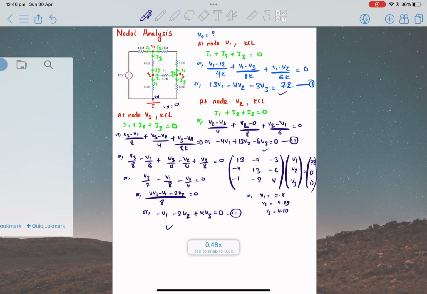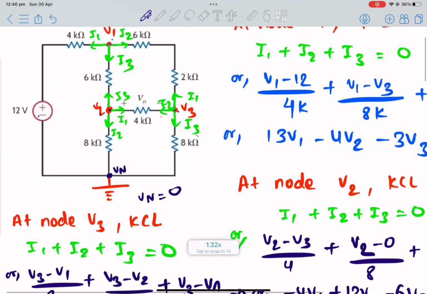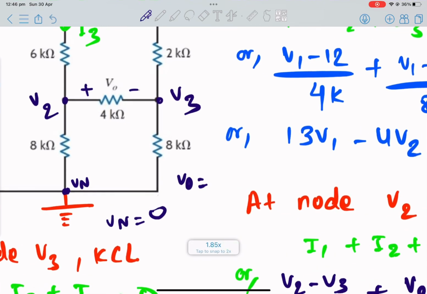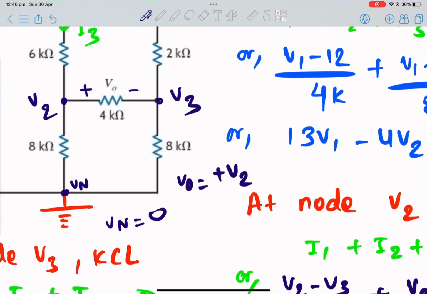And now we are not finished. Our main motive was to calculate V naught. From this circuit, you can see that V naught is always, let me erase this so that it will be easier for you to see. This was our V2 and this is our V3. So always check the positive and negative sign. Positive is at V2, so we write positive V2, and negative is at V3, so minus V3.